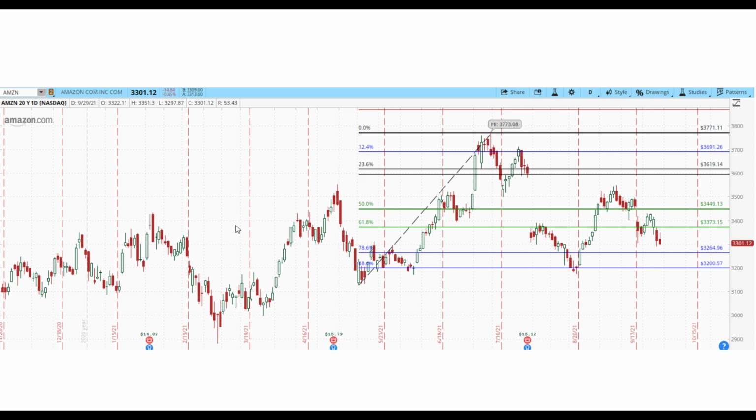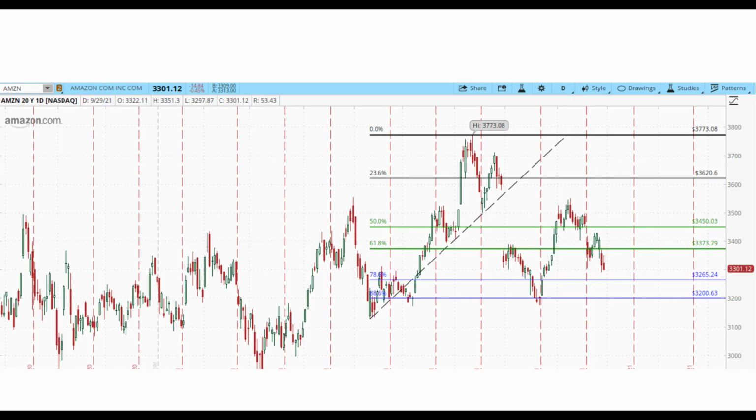But I'm here to tell you guys, you're doing it wrong, and there's a better way to use this Fibonacci that's gonna blow your mind, and I'm actually gonna get right into it in this next slide. Take a look here.